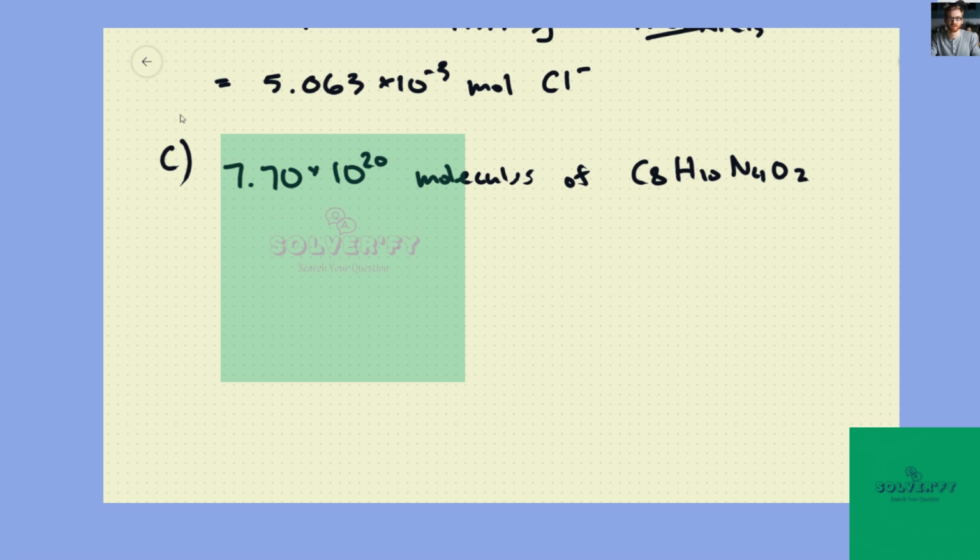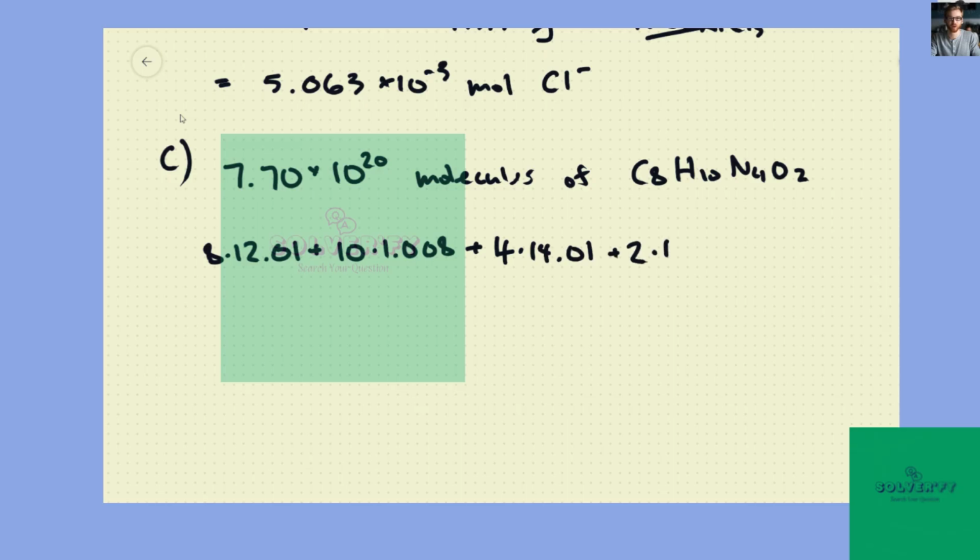So, like always, we need to first find the molar mass of the molecule we're looking at. So the molar mass of caffeine, there's 8 carbons. Each one has a molar mass of 12.01, plus 10 hydrogens. Each one has a molar mass of 1.008, plus 4 nitrogens. Each one has a mass of 14.01.